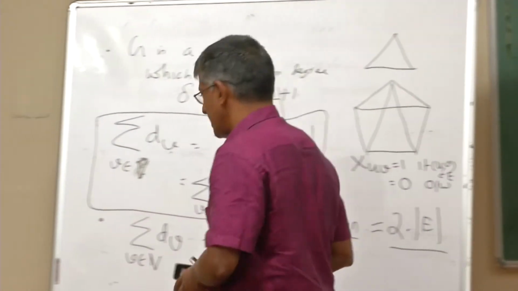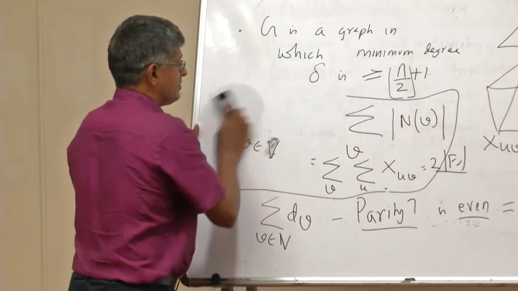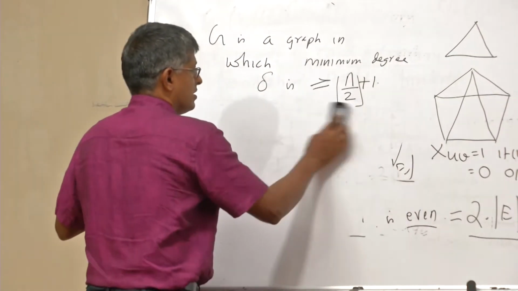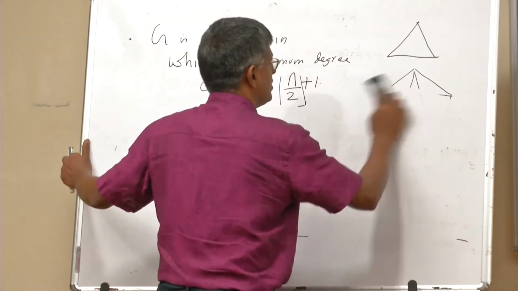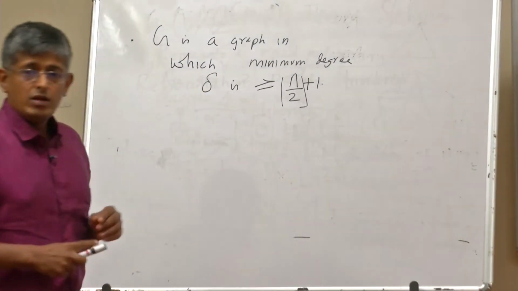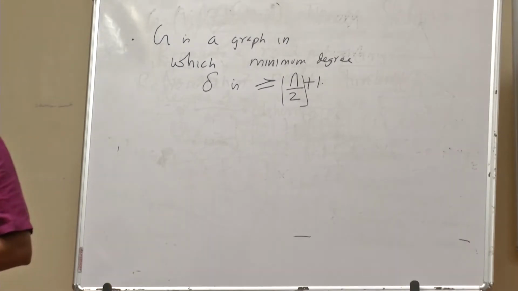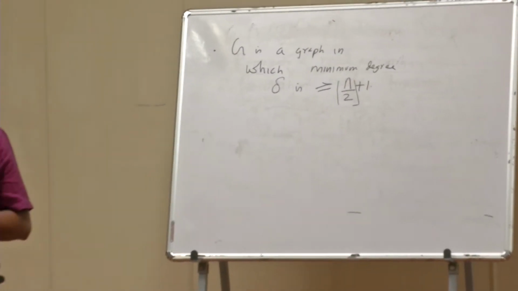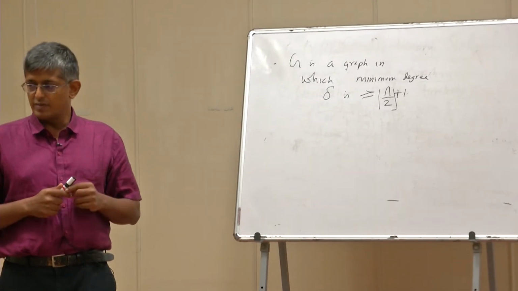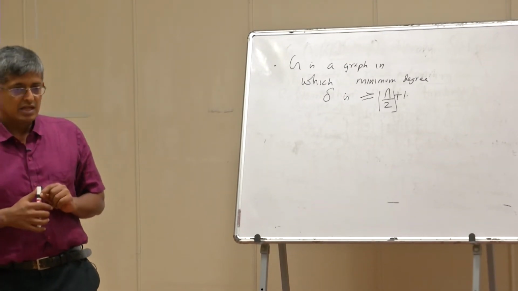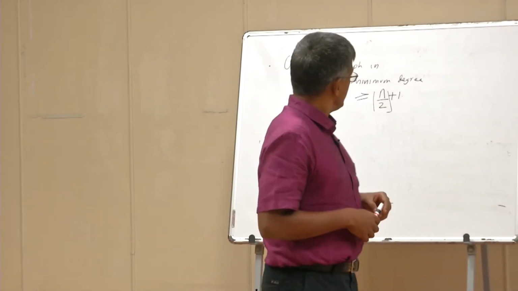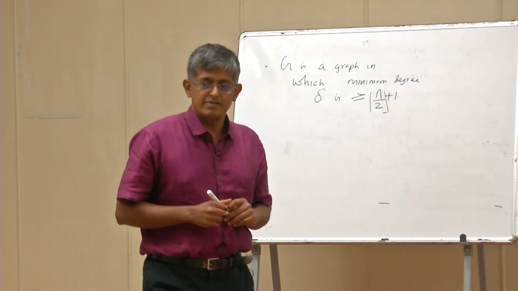So let's get back to my second question. I give you a graph in which every vertex has degree which is at least n by 2 plus 1, floor of n by 2 plus 1. So now my question is, what can you say about this graph?